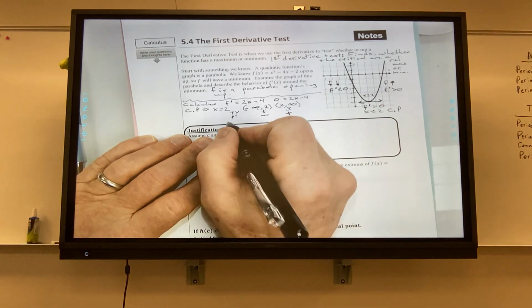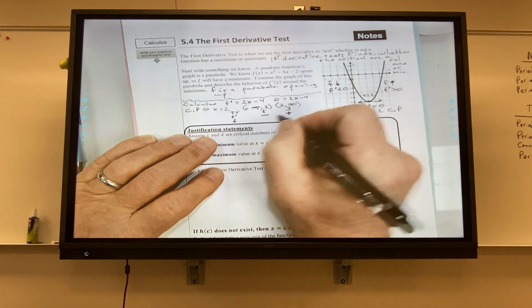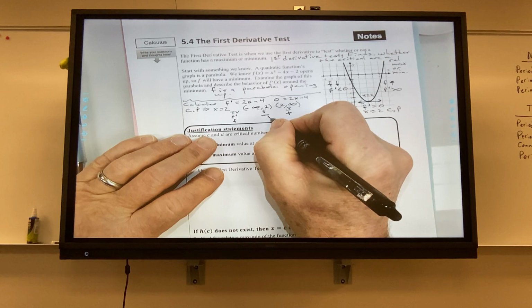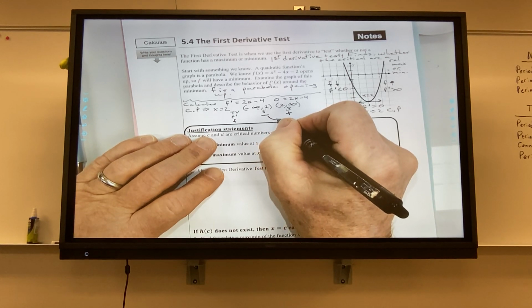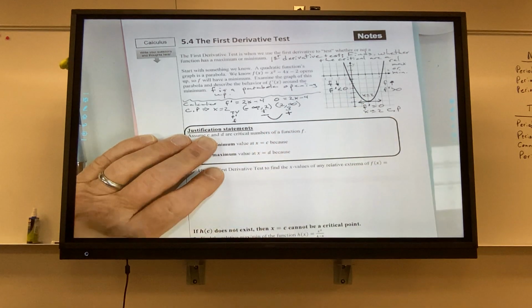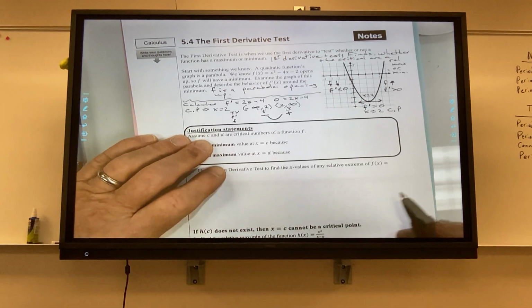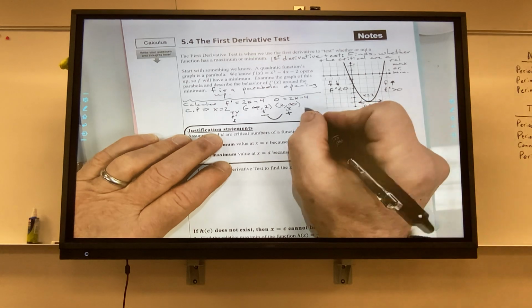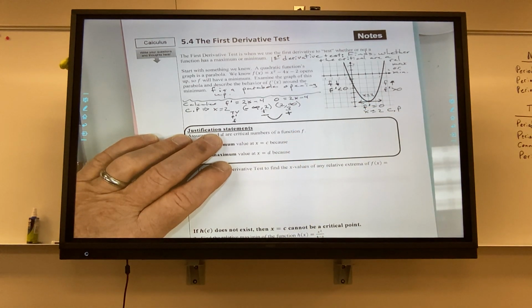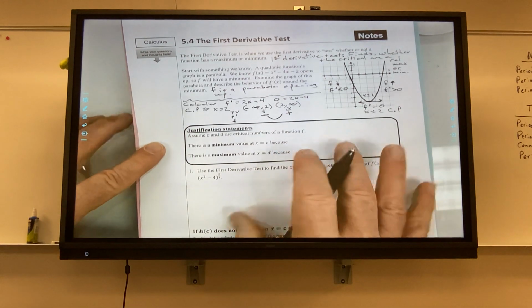So what's happening to f? f is going down here, and then it's hitting 0 at 2, and it's turning and going up. I cannot write all that because I write too big, so I'm going to write it over here in the margin.